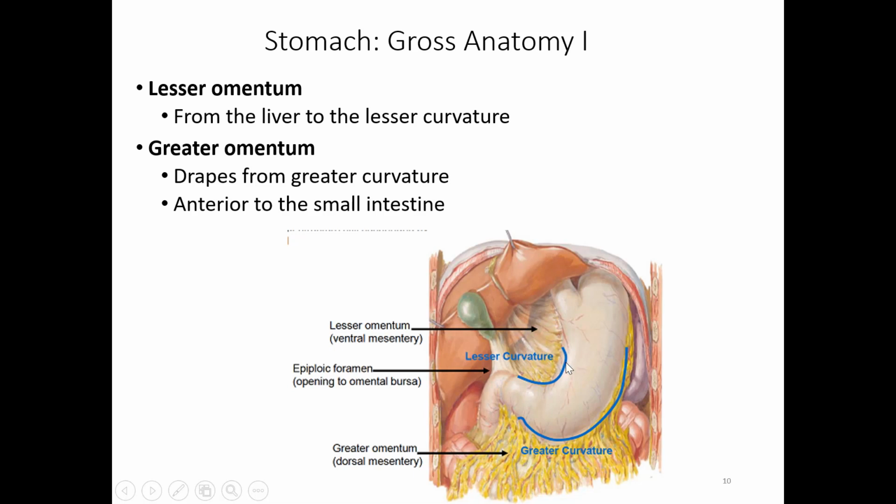What is the lesser omentum? It's just a double membrane, a mesentery, a double peritoneal membrane with some blood vessels inside it and some amount of fat. What about the greater curvature? It gives rise to the greater omentum, also called the dorsal mesentery, hanging all the way down from the stomach.